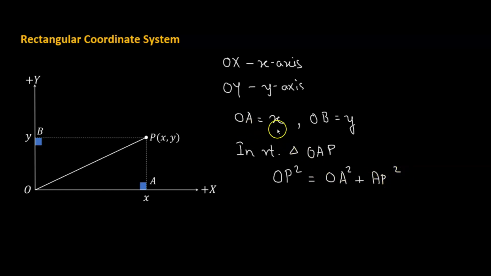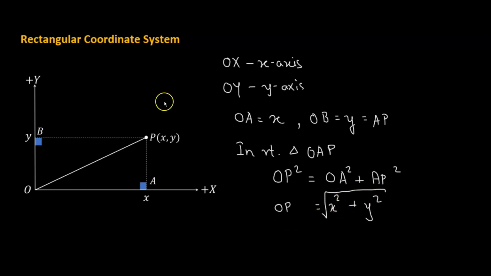Now OA is our x, and AP, since this is a rectangle, is exactly equal to side OB. So instead of AP we have OB, which is y. So this is the length of OP squared. If we take the square root on both sides, that gives us the length OP as the square root of x squared plus y squared.